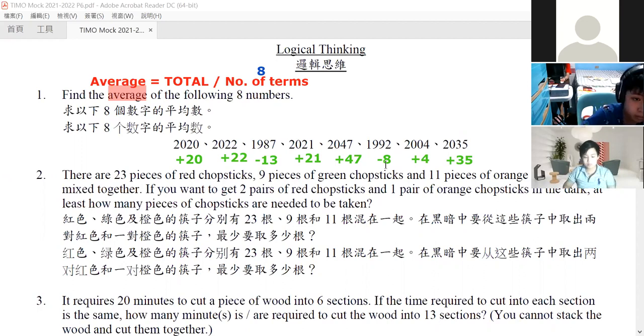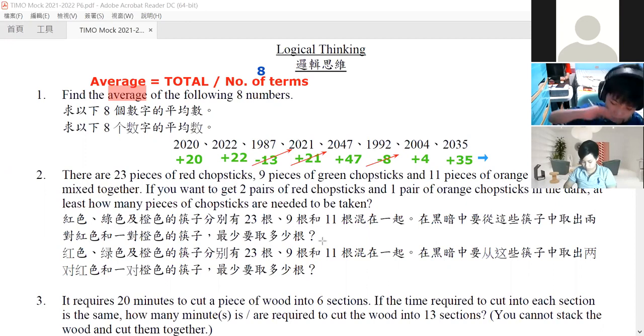Okay, so what's the sum of these? Well, the sum of all these 8 numbers: plus 20, plus 21, minus 13, minus 8, and so on. Now you can easily see that you can cancel some of them. For example, minus 13 and minus 8 can be canceled out with our plus 21. So all you need to do is just sum all the others.